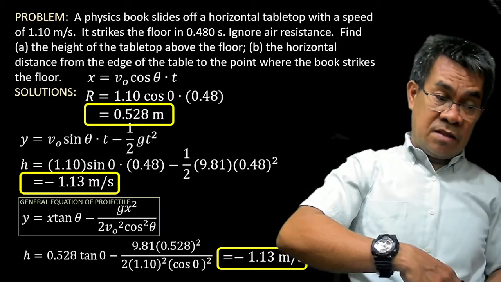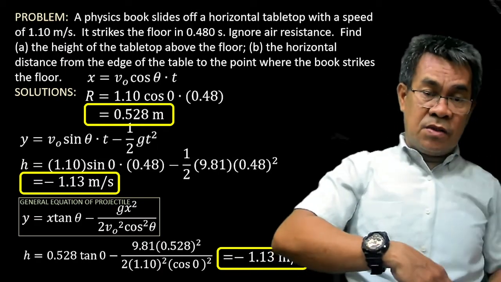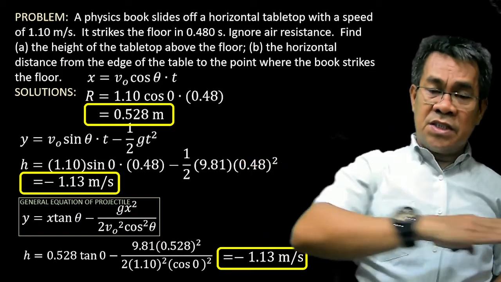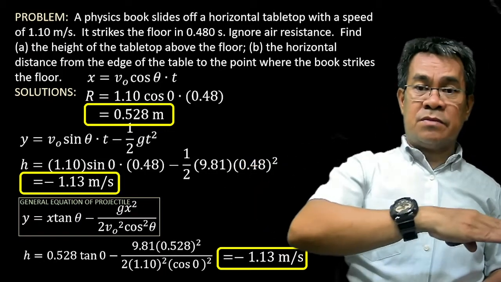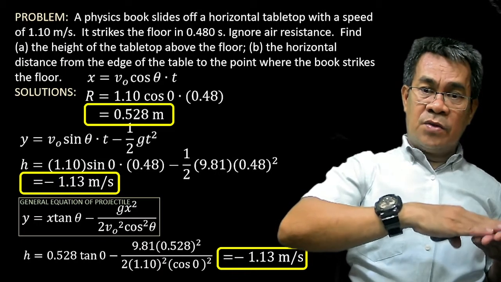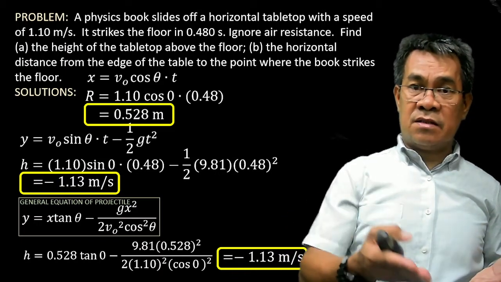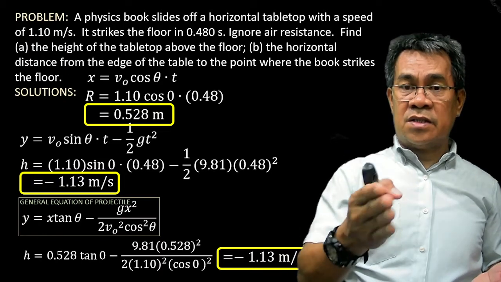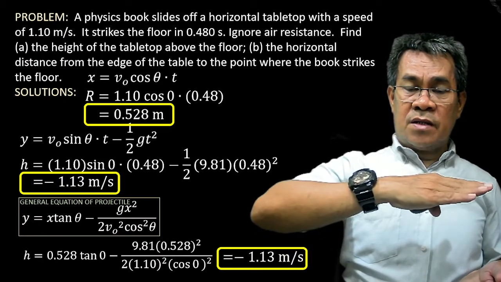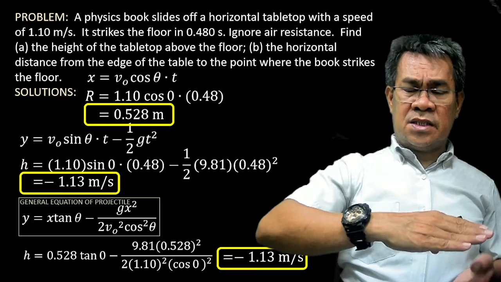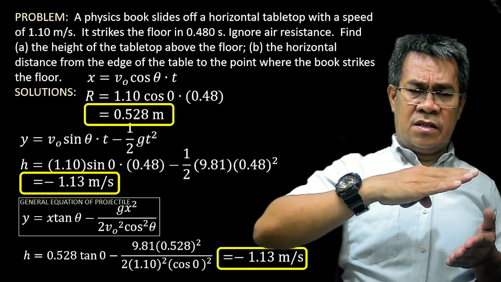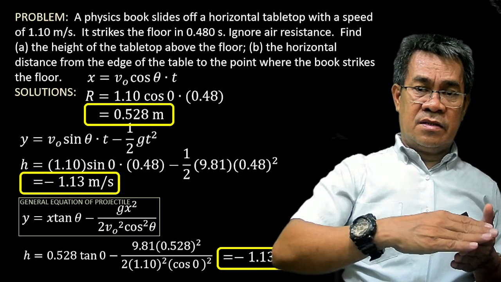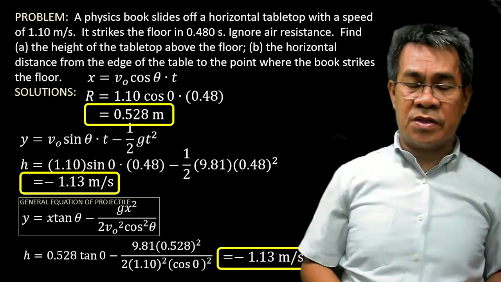So it can be positive upward, or negative downward. If the velocity is horizontal, the angle of projection must be 0, just like in our tabletop problem, so we use theta 0. The reason is the angle of projection is measured from the x-axis. Therefore, the angle must be 0 for the horizontal.